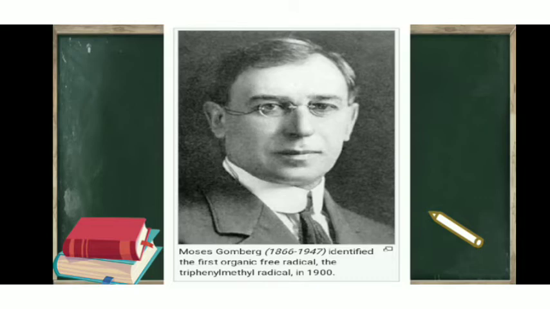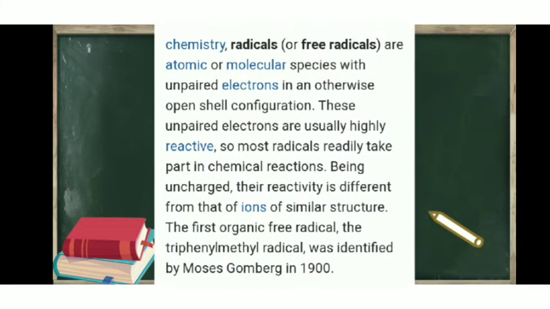Now, Moses Gomberg identified the first organic free radical, the triphenyl methyl radical, in 1900. So let's see what radicals are. Radicals or free radicals are atomic or molecular species with unpaired electrons in an otherwise open shell configuration.